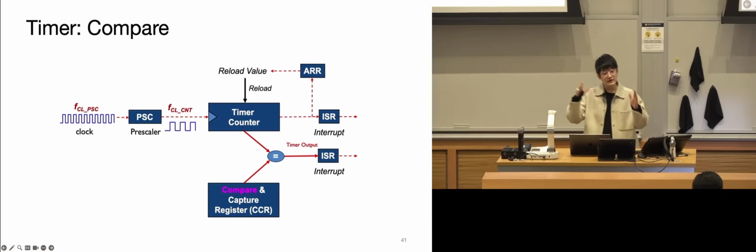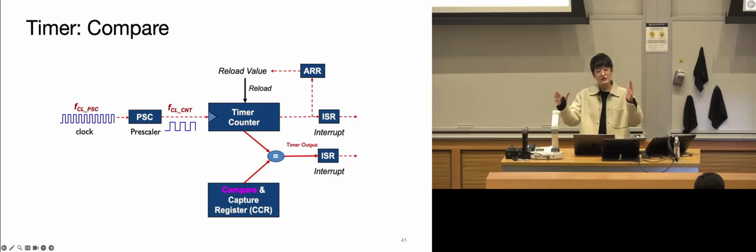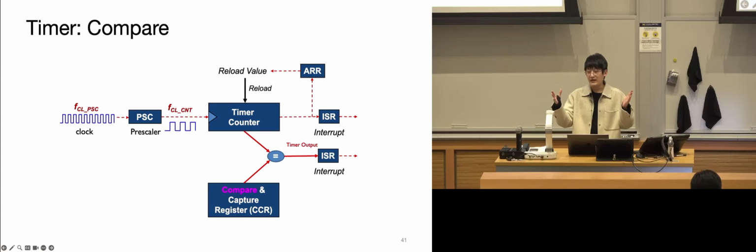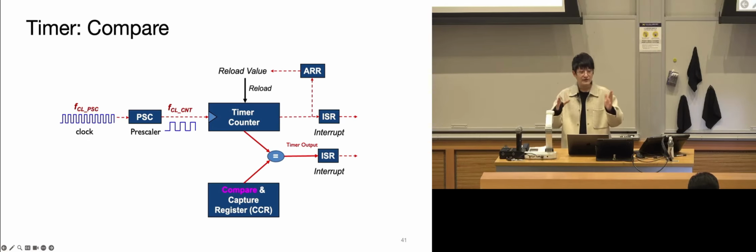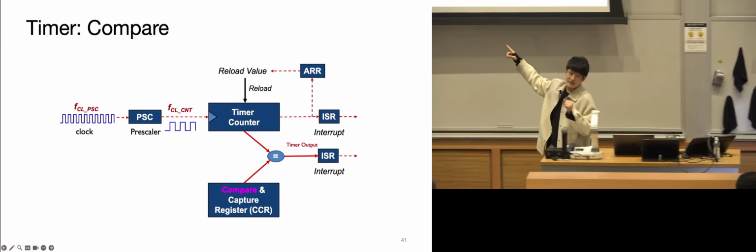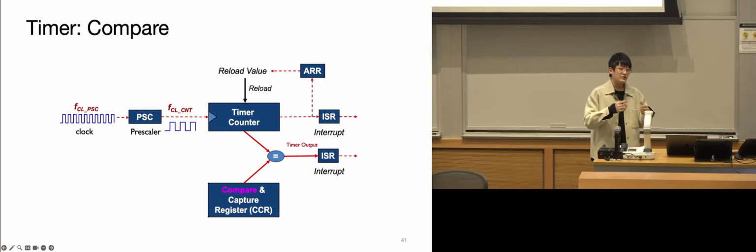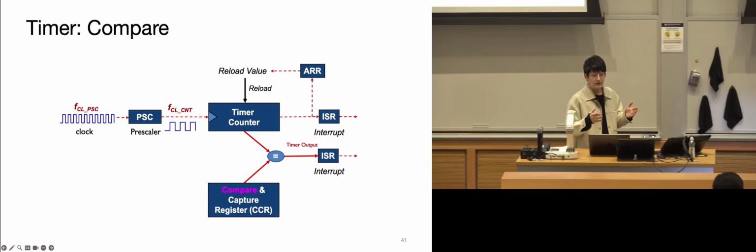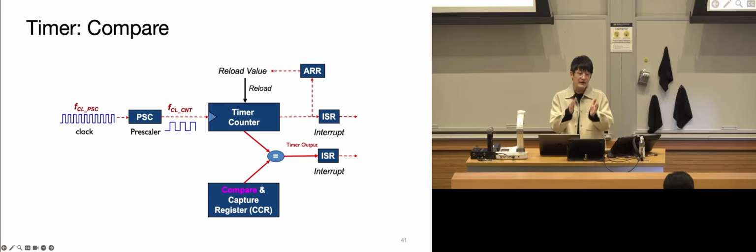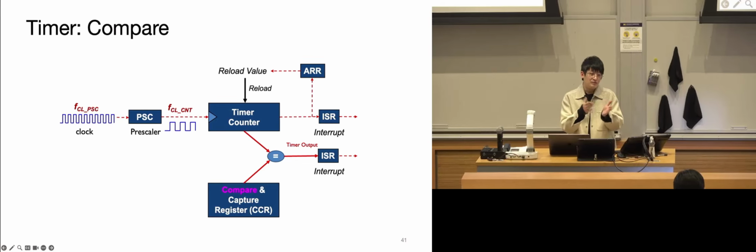If you set it to be, say, 10 milliseconds, then that's a 100 hertz signal. And then the compare value set in the CCR will essentially determine the duty cycle of that signal. So how much of that should be high or low?